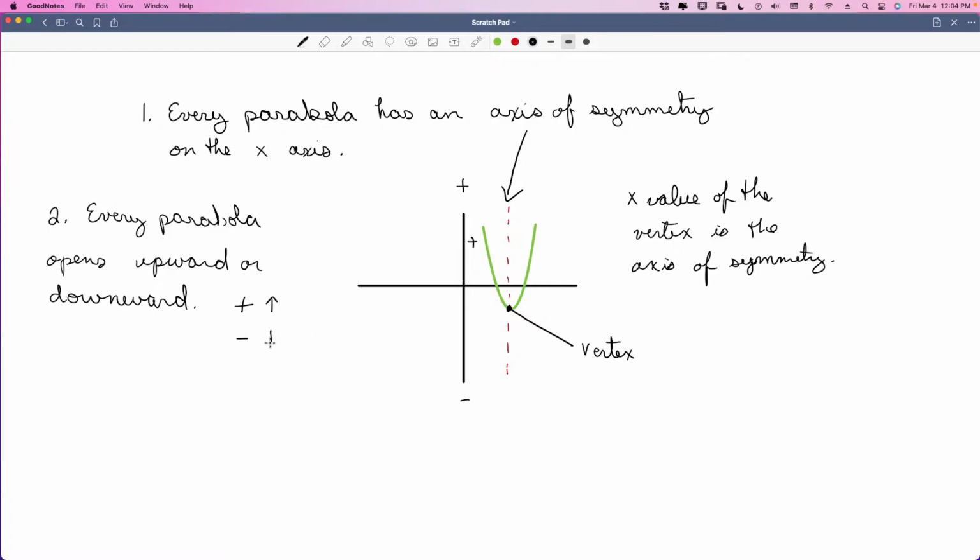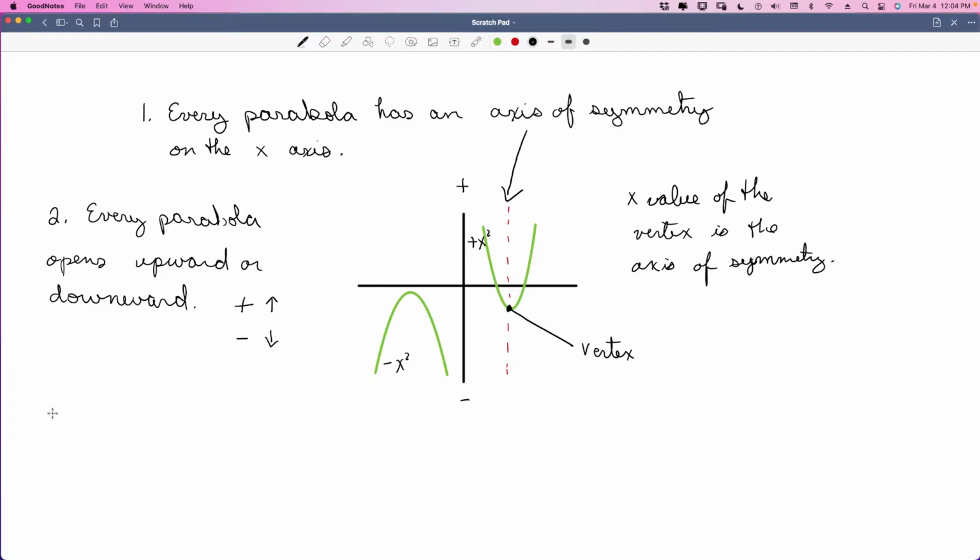So negative is going to open downward. So be sure to put those in your notes. So if I have a parabola that opens downward like that, it means that the x squared value is going to be negative. So the negative x squared, this would be a positive x squared.